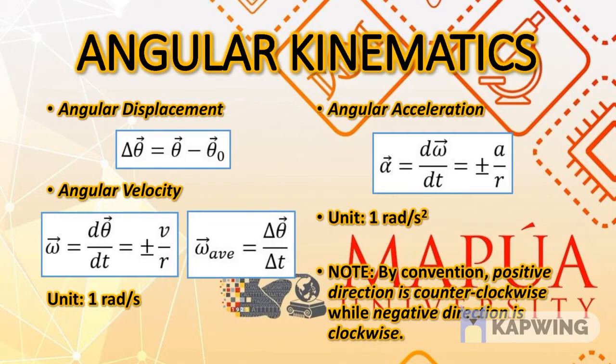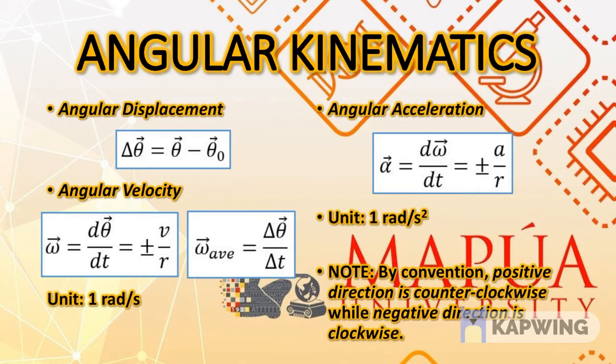And if we get the rate of change of angular velocity, we have angular acceleration alpha. Alpha is equal to d omega over dt, which in turn is equal to plus minus a over r. Here, v is tangential velocity or tangential speed, while a is tangential acceleration.